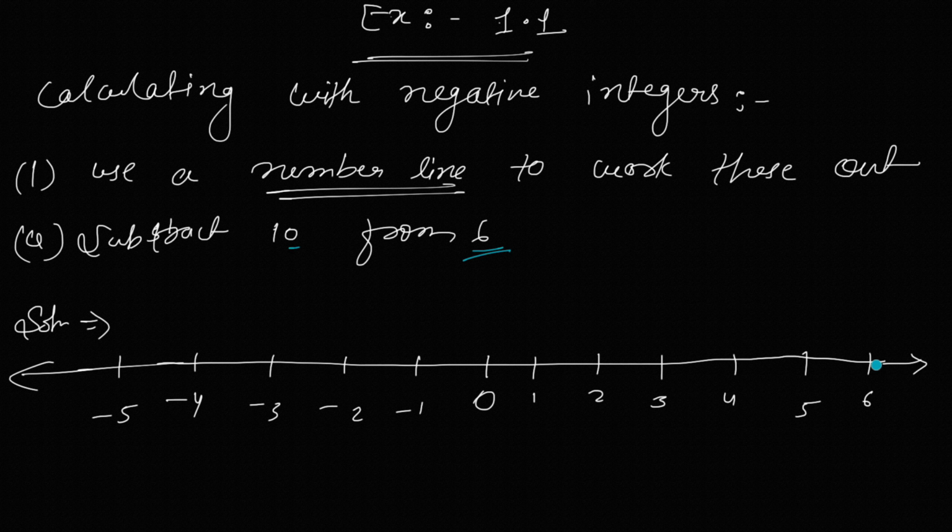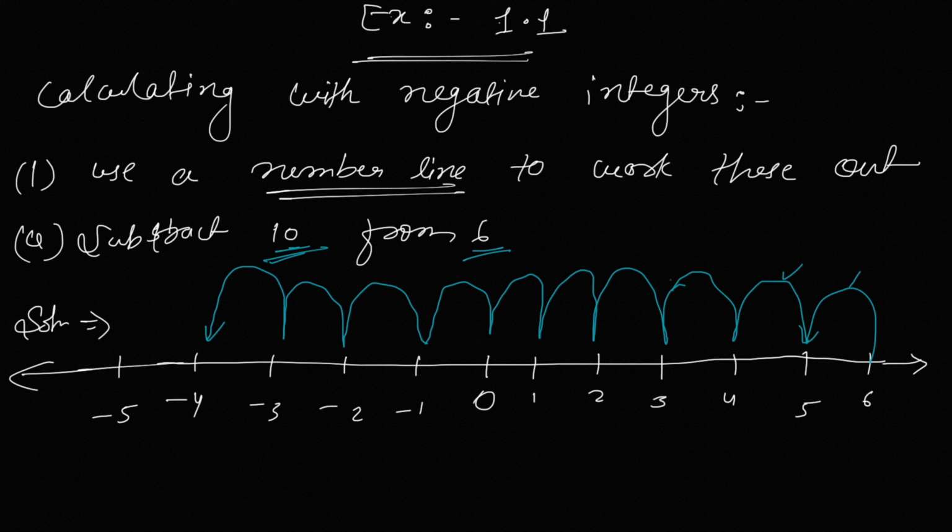We have to subtract 10, right? So count: 1, 2, 3, 4, 5, 6, 7, 8, 9, 10. So what is our final answer? It is -4.